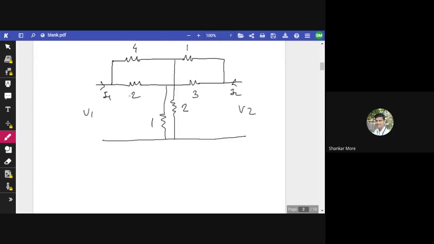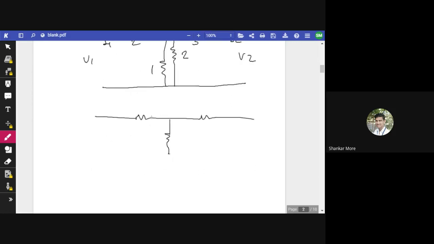Take this circuit with 2, 3, and 1. This is the first circuit. Calculate Y parameters, calculate with me, everyone. This is V1, V2, I1, I2, with 2, 1, 3.